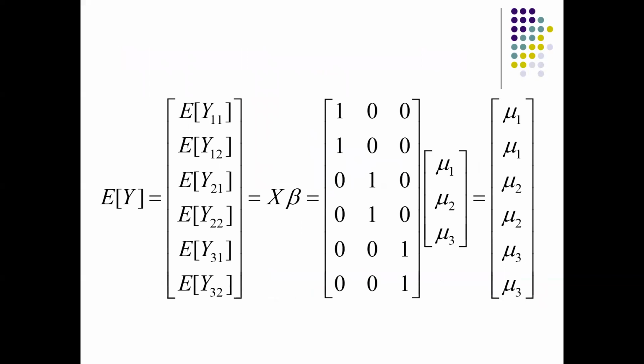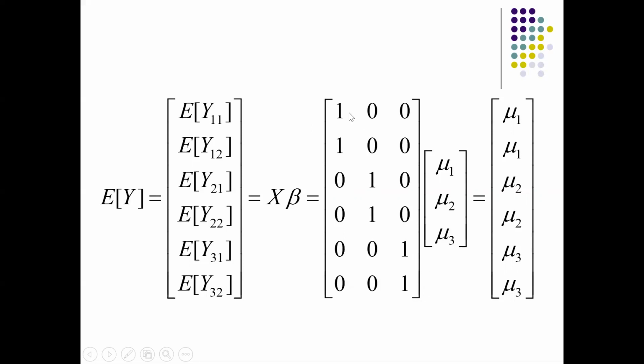When we start looking at the expected values, the expected values of the y's end up being Xβ; the errors get lost in the expectation. And so what you can see here is when we're trying to estimate the mean for person 1, it's this design matrix multiplied by that vector.